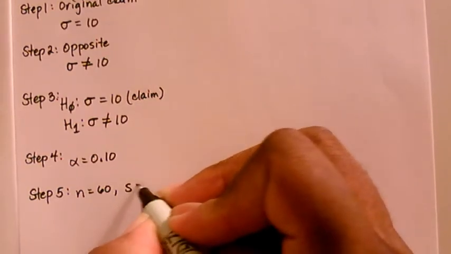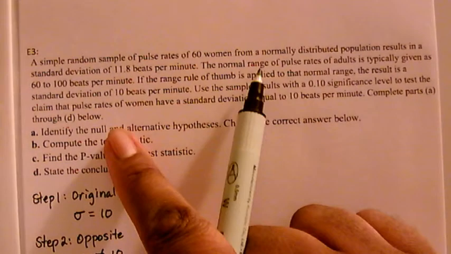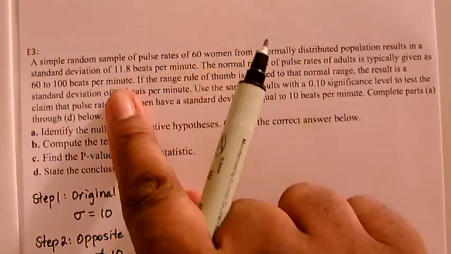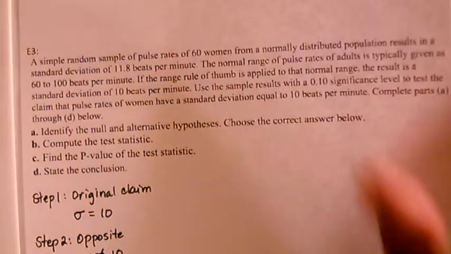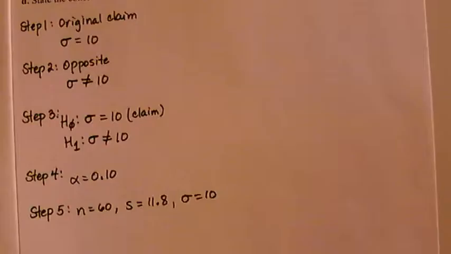And those pulse rates have a standard deviation of 11.8 beats per minute. That's given to us in the problem. So let me pull this back up and you can see 60 women, that's your sample size. The standard deviation is 11.8 beats per minute. That's for that sample. Okay? And sigma is from the null hypothesis. That's your 10.